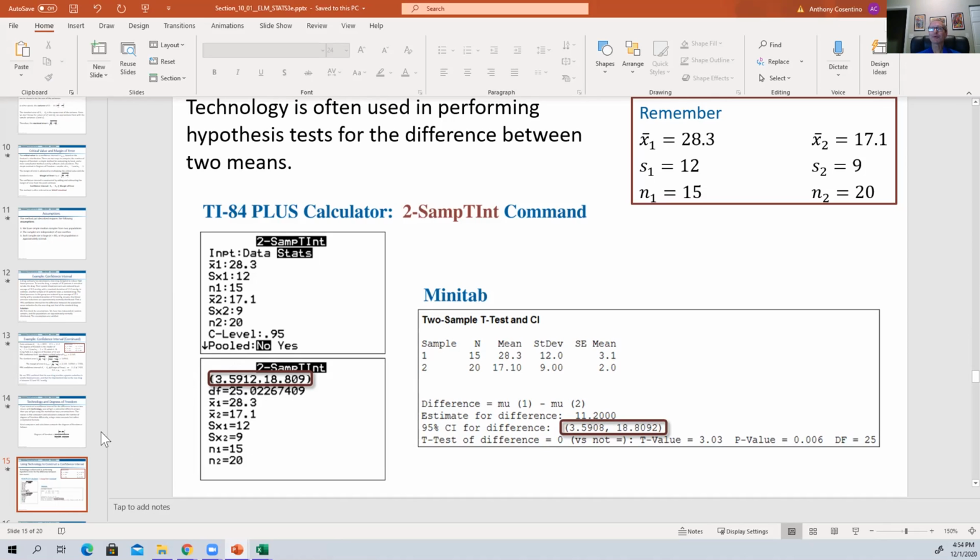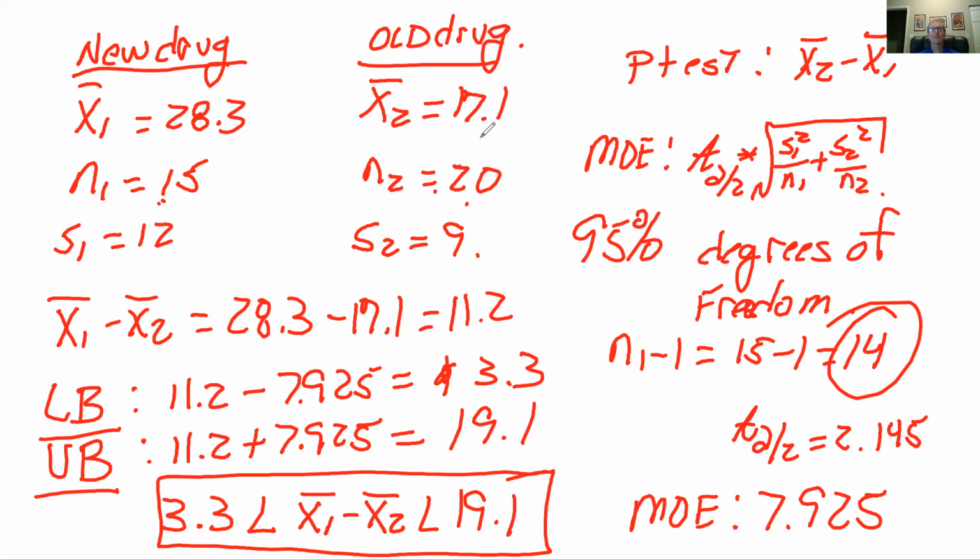So is 3.3 that much different than 3.6? And what was our other one here? Let's see. Whoops, again. Keep hitting the wrong button here. I get back to the whiteboard. So, and then we had 19.1 instead of 18.8.